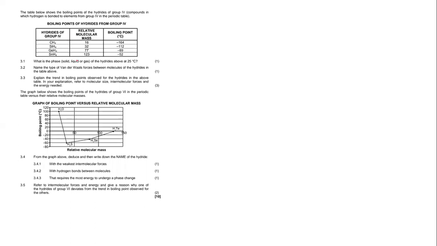Based on this table, we can see that moving down the table, the boiling point is increasing. Meaning in this case, CH4 and SnH4 have distinct boiling points. The boiling point of SnH4 is much higher than the boiling point of CH4.